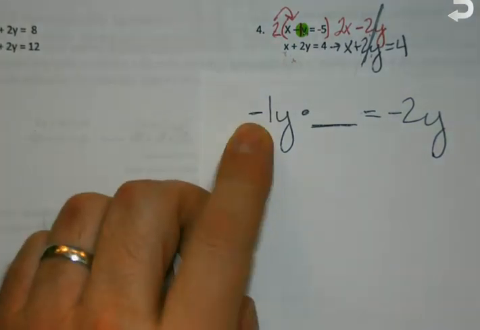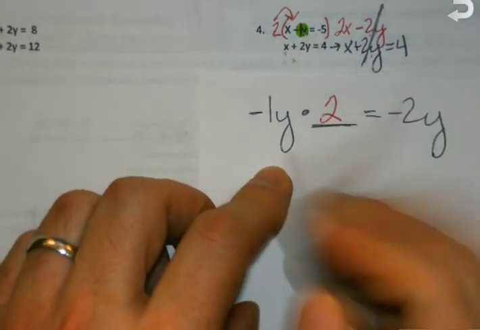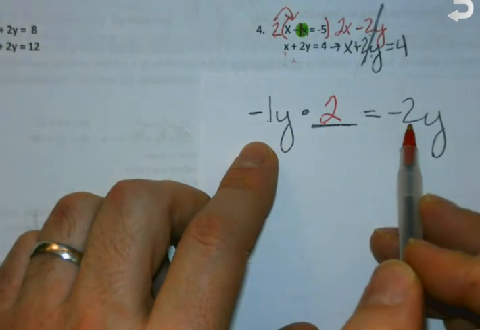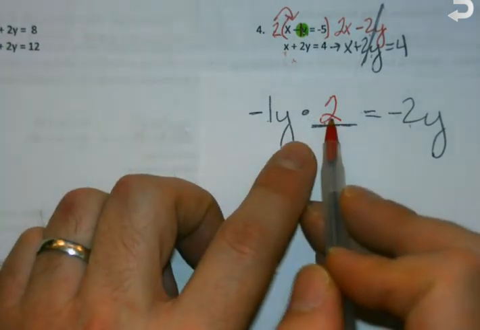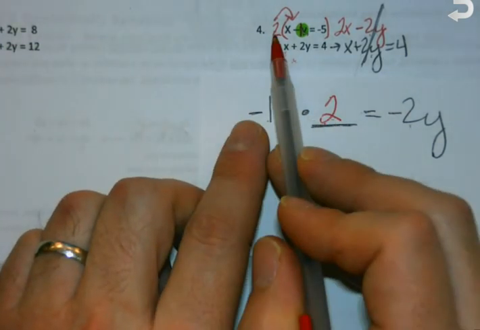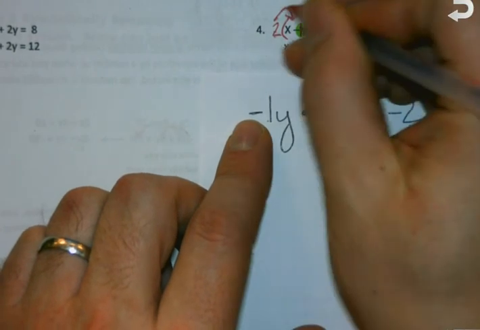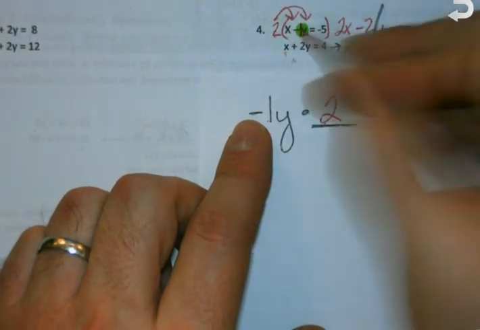So negative 1 times positive 2 gets me to negative 2. Whatever this number is, it's the number I have to multiply everything by.